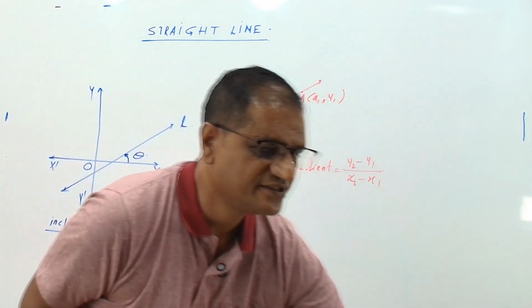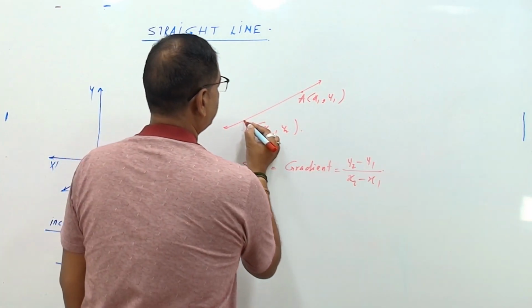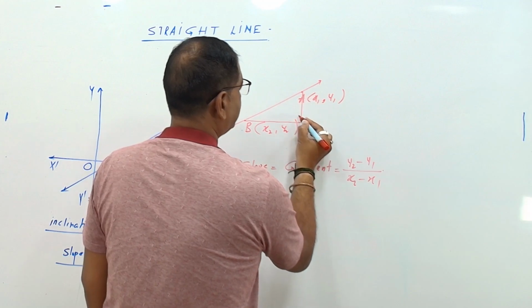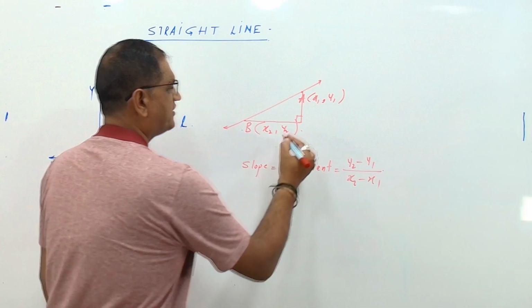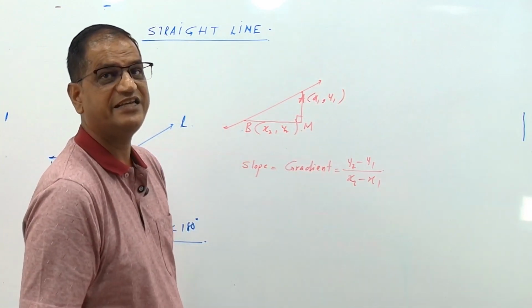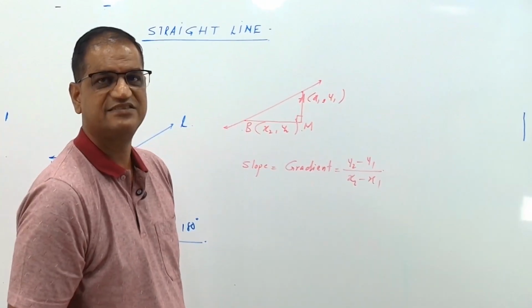You're getting my point? Now, see this carefully. Suppose I am drawing a line parallel to the x-axis and a line parallel to the y-axis, and they intersect each other at a particular point, say M, making a 90 degree angle. One is parallel to the x-axis, one is parallel to the y-axis.